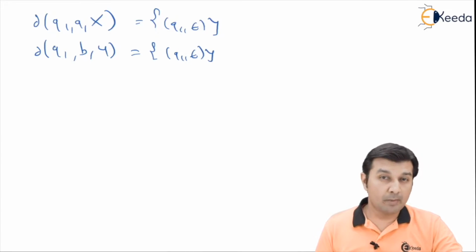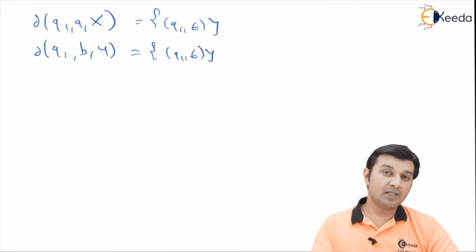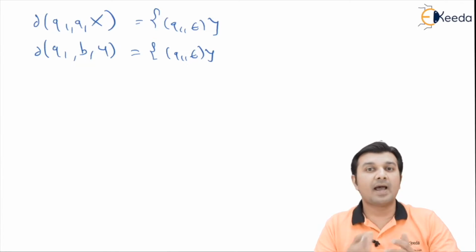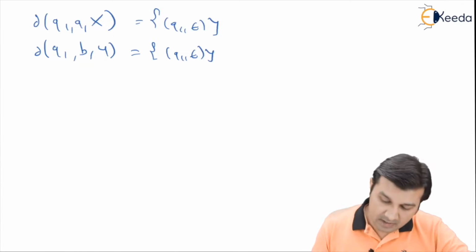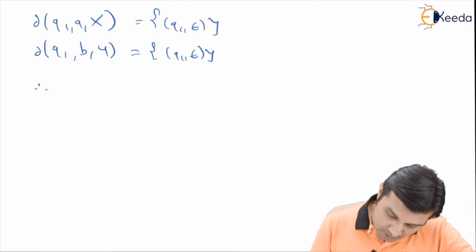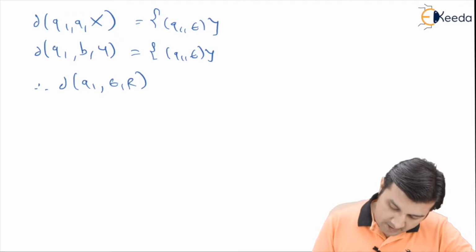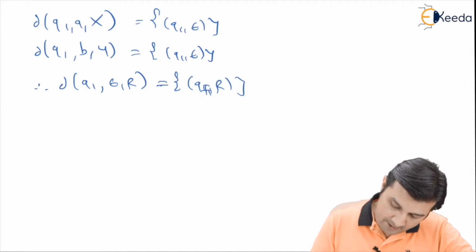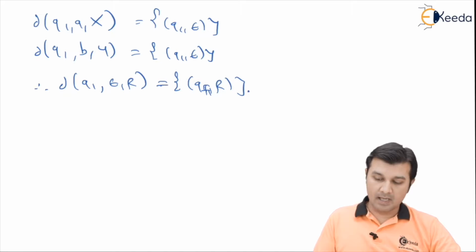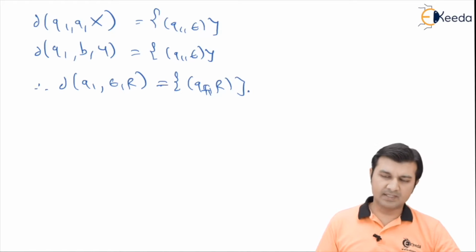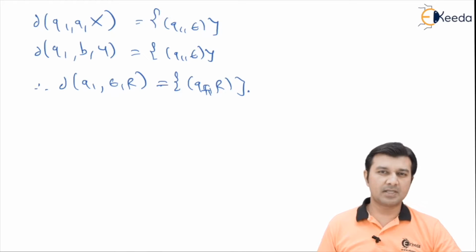Once both of these pop operations are performed, and if it finally goes and this is epsilon on R, I say accept the input. Therefore now you say Q1 on epsilon when the stack top is R goes to QF and R, and then we can have an example on this and check whether the things are going to work or not.